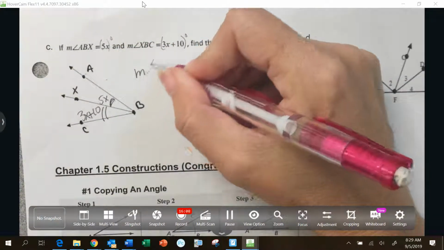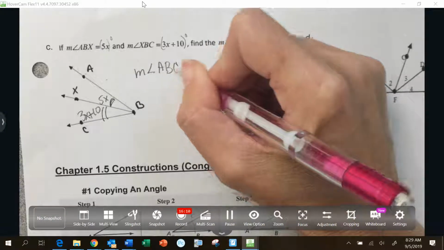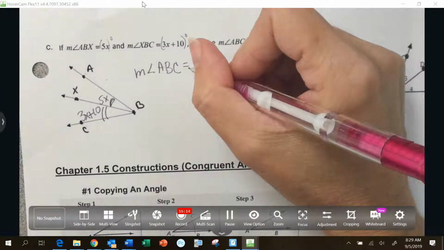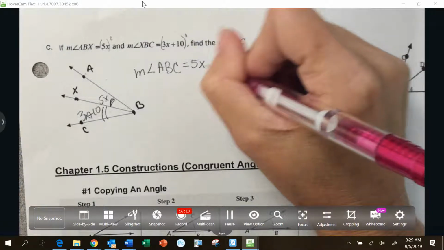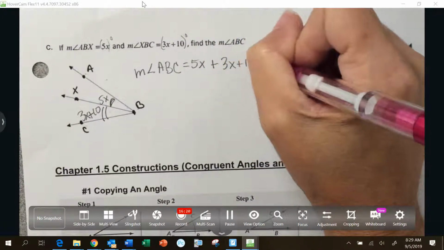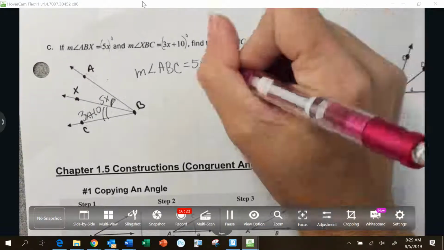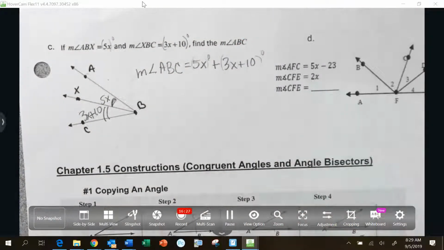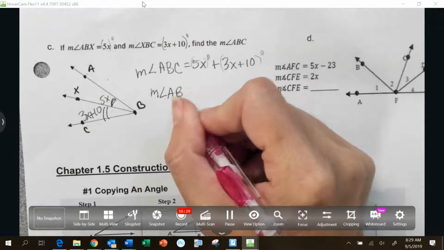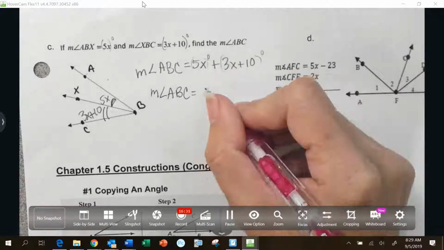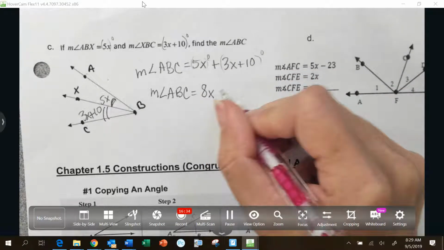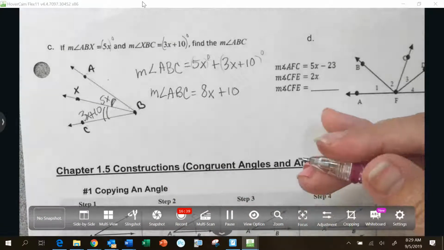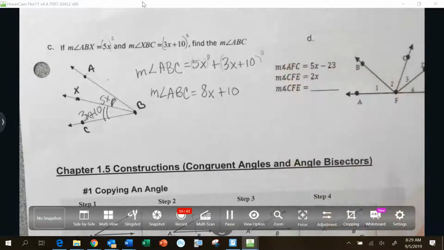Okay, so measure of angle ABC is equal to 5x plus 3x plus 10. Measure of angle ABC is equal to 8x plus 10. We cannot solve anything because we don't know any more information.